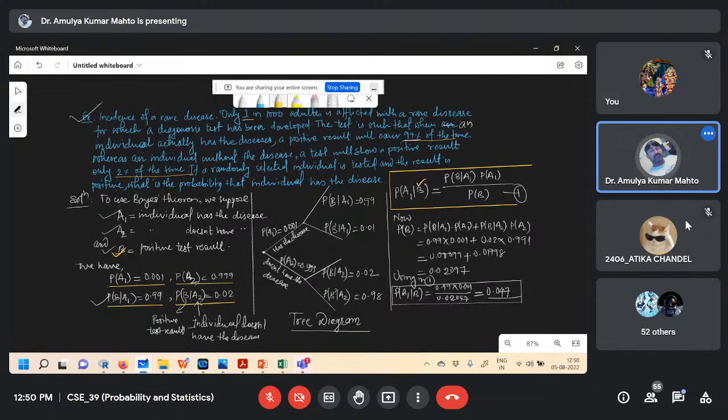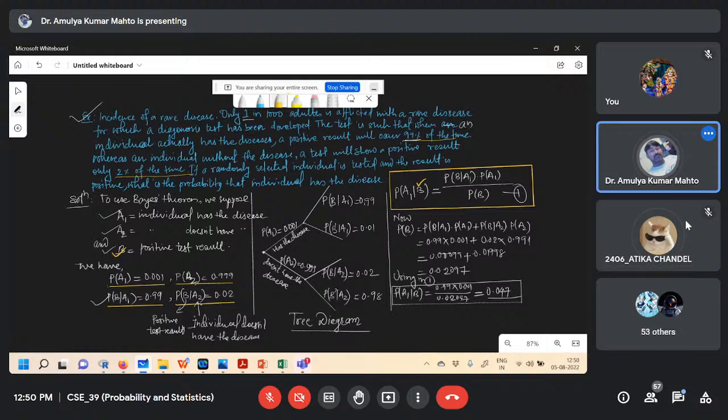So A1 is the event that the individual has the disease. So we need to calculate the probability of A1 given B, and using Bayes theorem we have this formula: probability of B given A1 into probability of A1, divided by PB.